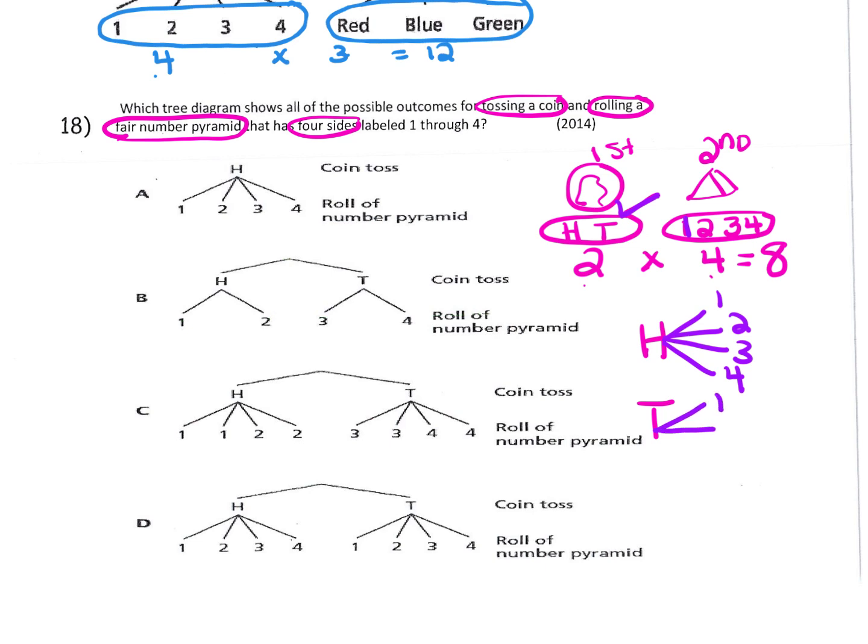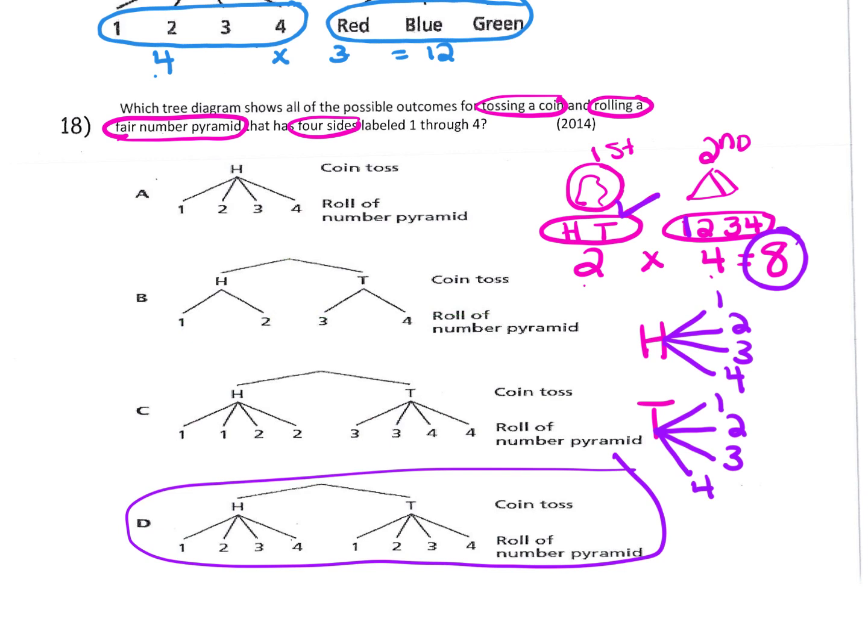Tails with a 1, tails rolling a 2, tails rolling a 3, or tails with a 4. Now, as you look at your tree diagrams given below or to the side, you can see the one that displays the 8 possible outcomes is choice D.